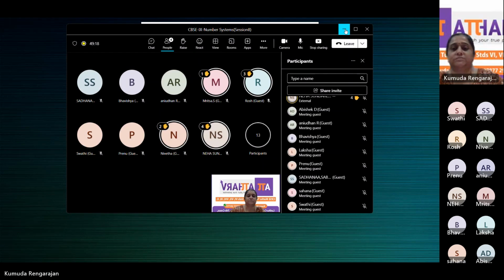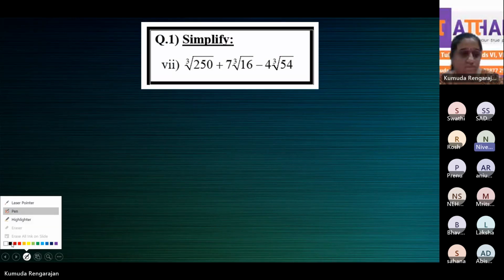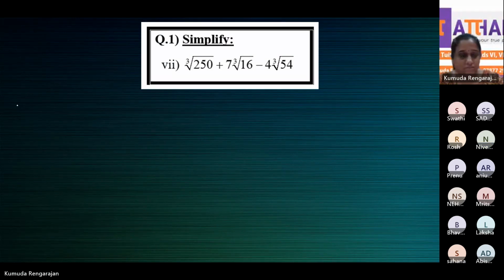Niveda? Yes, ma'am. Tell me. First we are doing prime factors of the cube root of 250. No, it's not 3 root, please read that correctly.